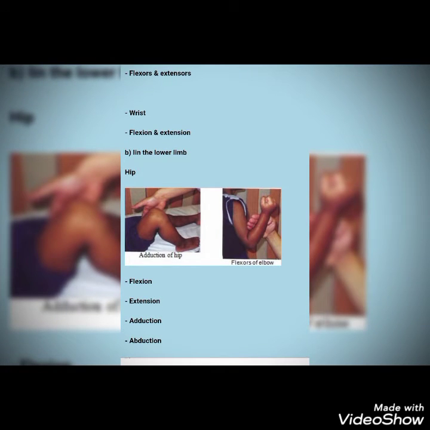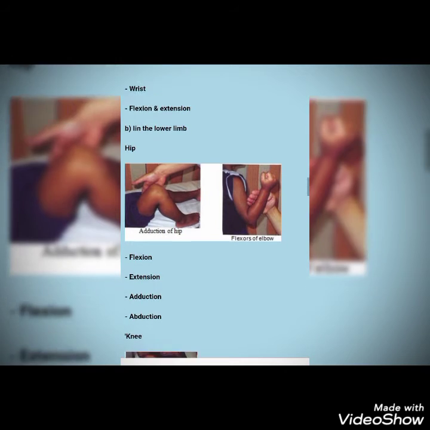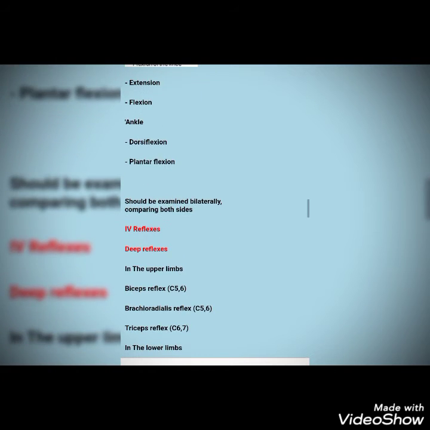In the lower limb, hips: flexion, extension, adduction, abduction. Knee: flexion and extension. Ankle: dorsiflexion and plantar flexion. Power should be examined bilaterally, comparing both sides.